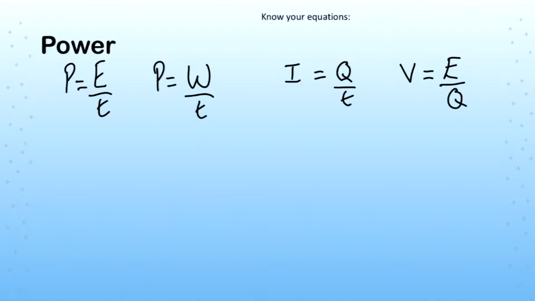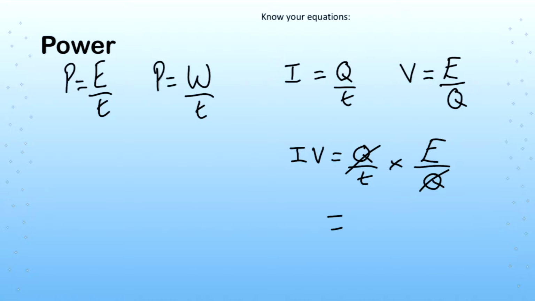Now, it just so happens that if we interlink these two definitions of current and voltage and multiply them together, it is equal to Q over T times E over Q. If you then screw your maths head on, you can cancel out the Q's, and you're left with I V, current times voltage, equals energy divided by time, which is equal to power. So it gives us an equation that we need to know here, which is P equals IV.